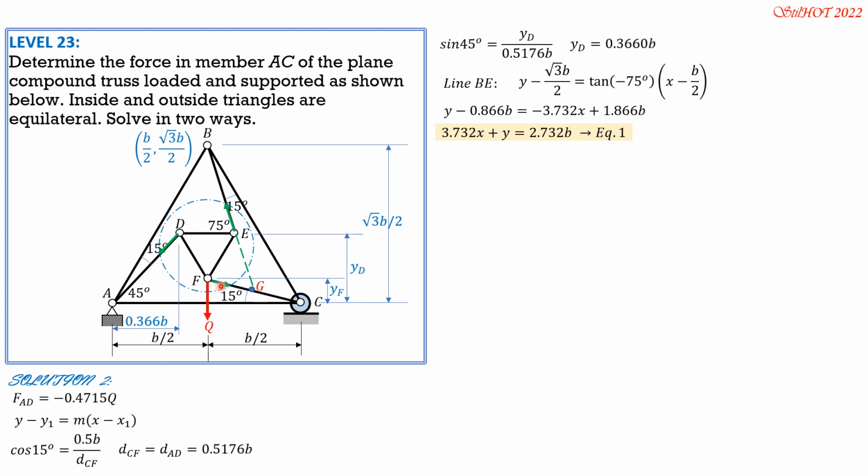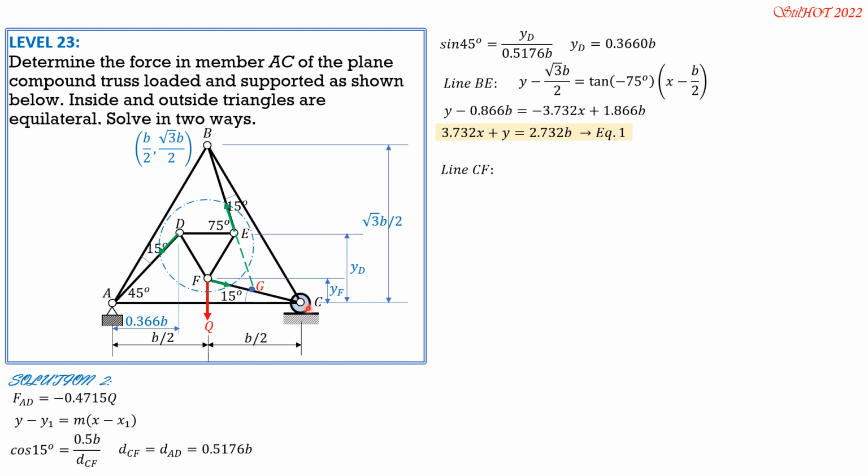Next, line CF. So the angle that line CF makes with the positive x-axis is 180 minus 15, 165, or it makes an angle below the x-axis of 15 degrees, so negative 15 degrees. Instead of tangent 165, I use tangent of negative 15 as slope of line CF.